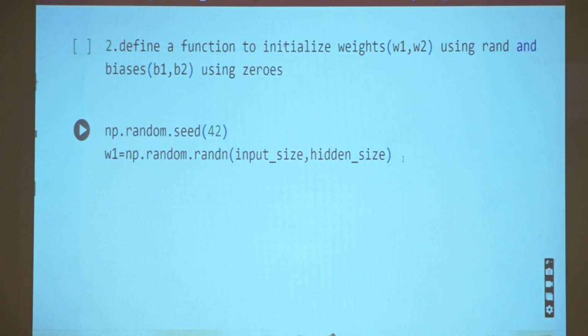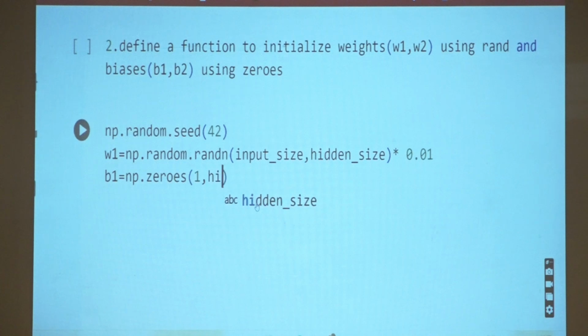What is W1? Input to hidden. W2 is hidden to output. Now I say np.random.seed of 42, so that the weights are generated randomly. Then W1 is equal to np.random.randn with respect to input size and hidden size. Look at the parameters. What is W1 doing?